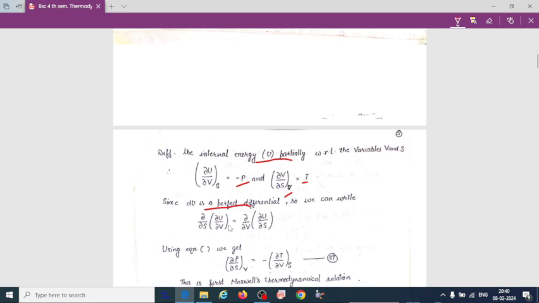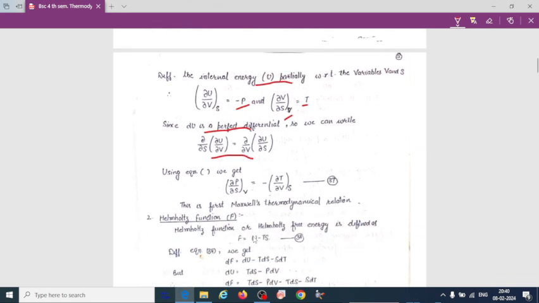Just equating these two equations, finally we can write the first Maxwell thermodynamic relation, which we obtain with the help of internal energy: dou P by dou S at constant volume is equal to minus dou T by dou V at constant entropy.